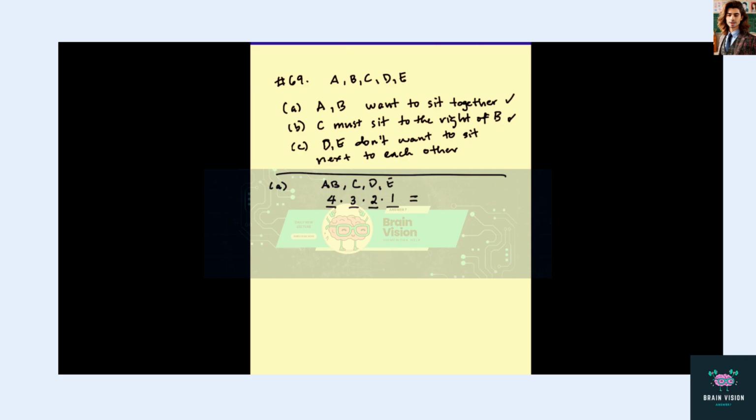We multiply those numbers because of the fundamental counting rule. This gives us 4 factorial, which is equal to 24.